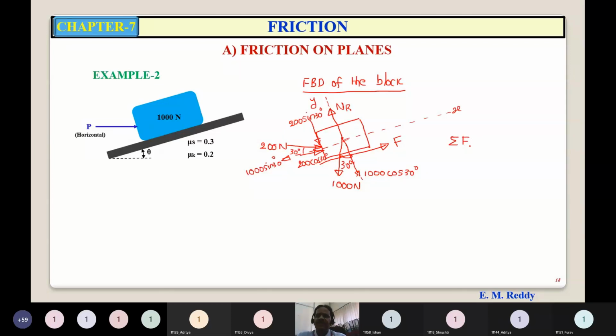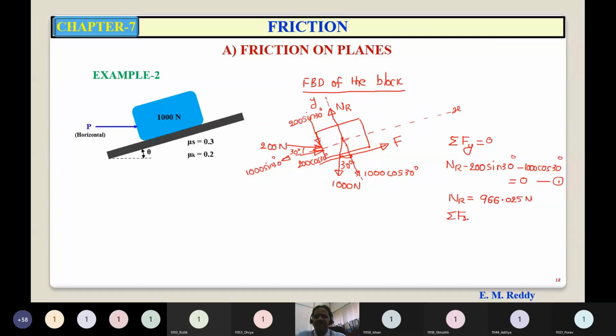Now writing equations of equilibrium. Summation Fy equal to 0: plus NR minus 200 sin 30 minus 1000 cos 30 is equal to 0. Here you will get normal reaction as 966.025.